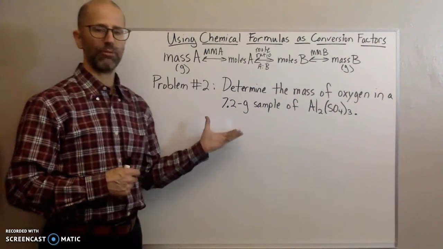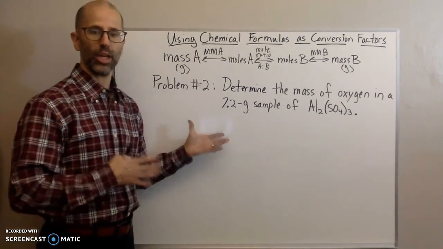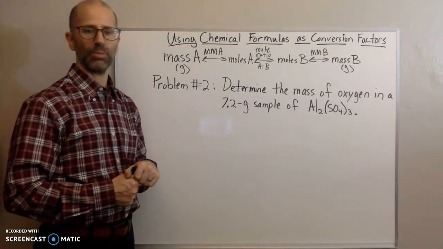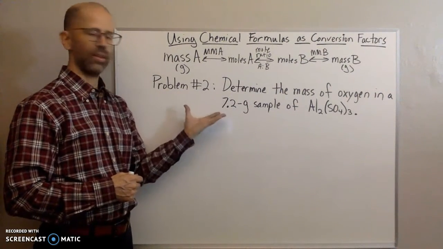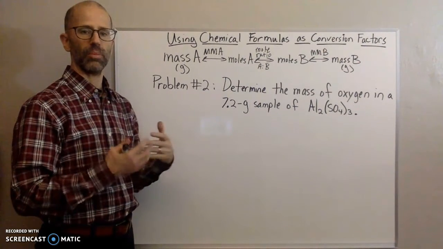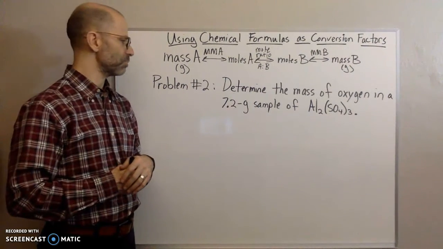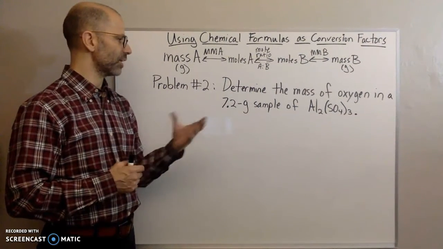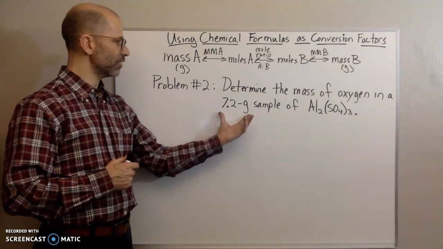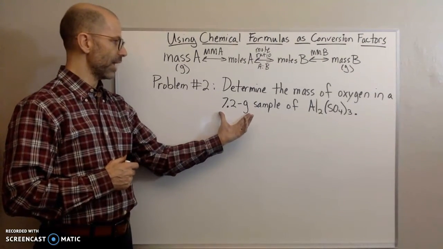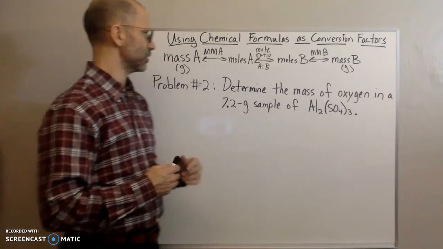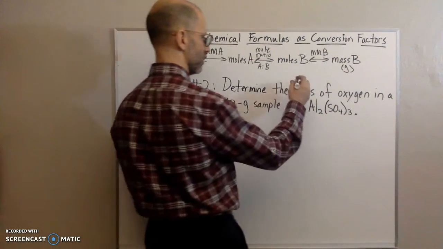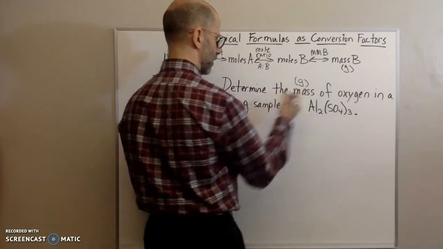So this problem is definitely a lot simpler looking than the last problem I did. A lot less words, but this one is also equally complicated. Although it does give us grams, and then it's just determine the mass of oxygen. And the mass would be in grams.